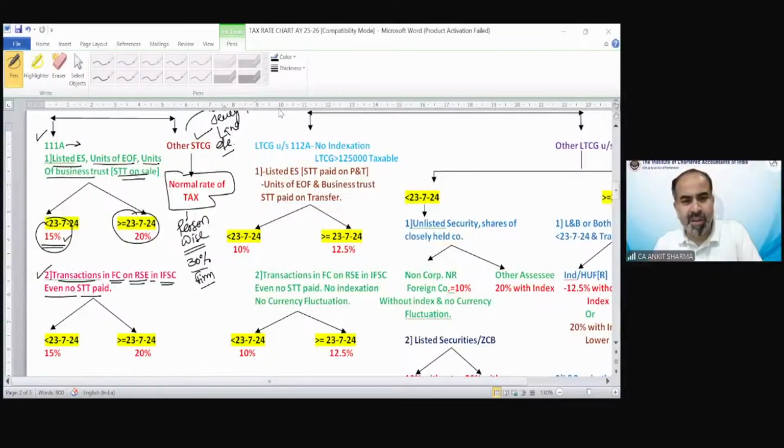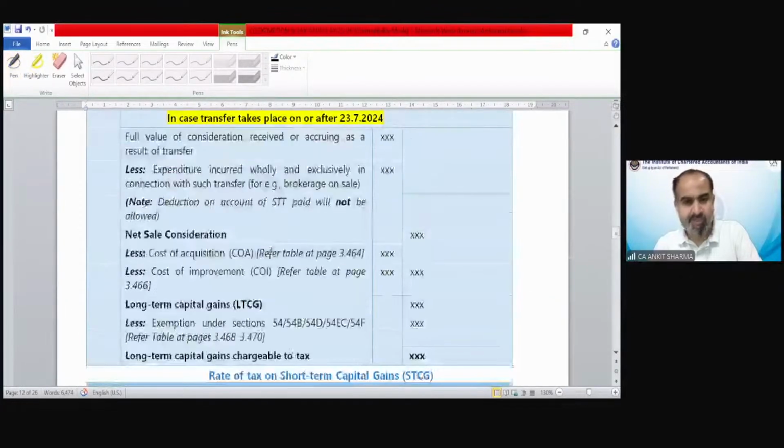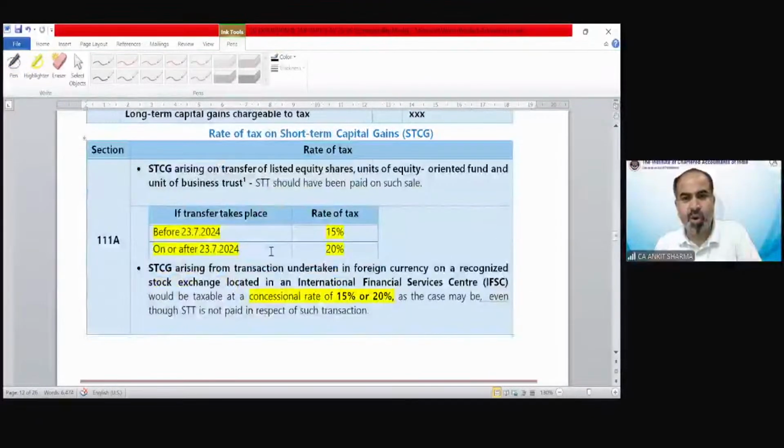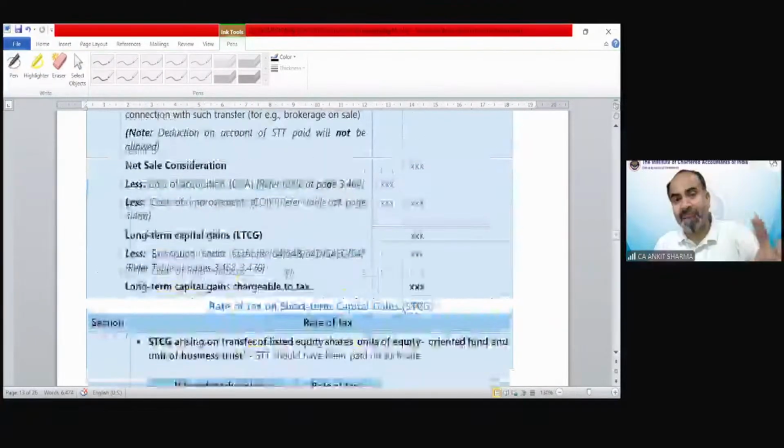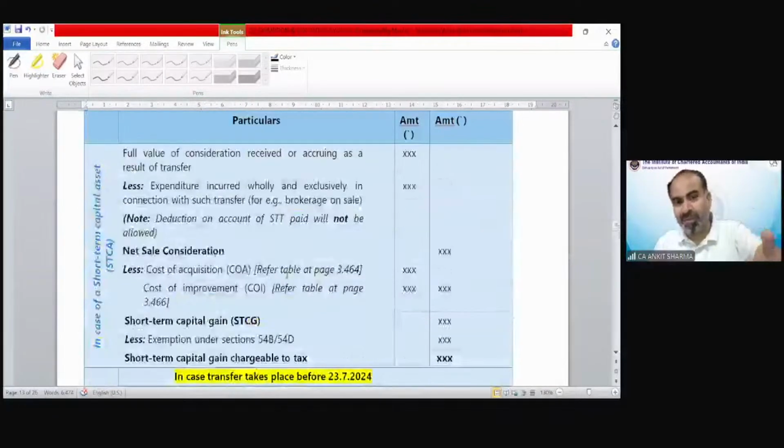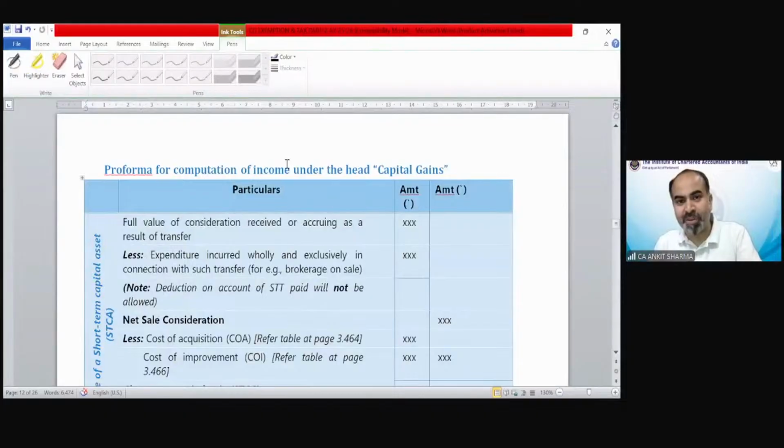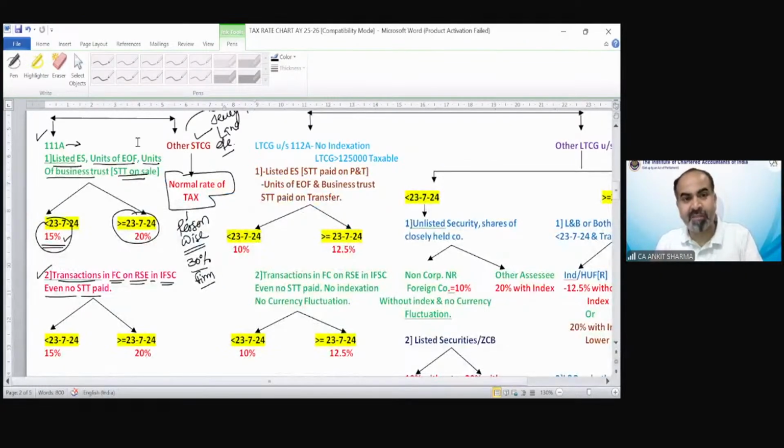When we go through this concept paragraph by paragraph, you will find all these provisions. Whatever is explained in 2 or 3 pages, we have just discussed in 1 column of the chart.